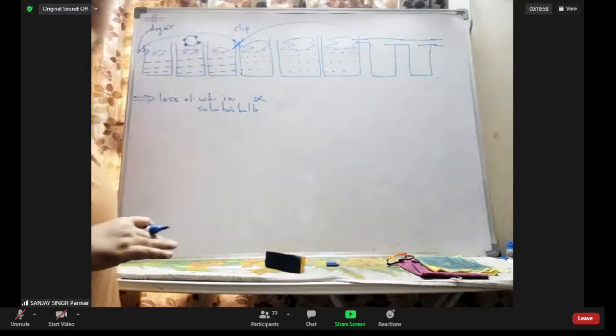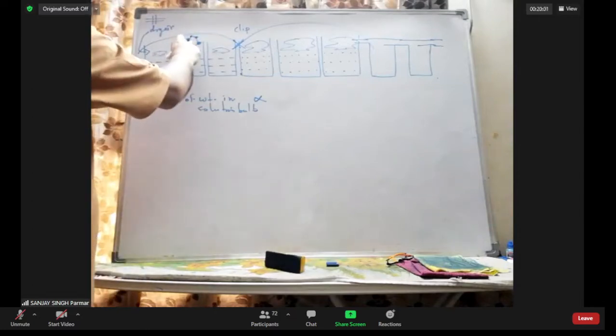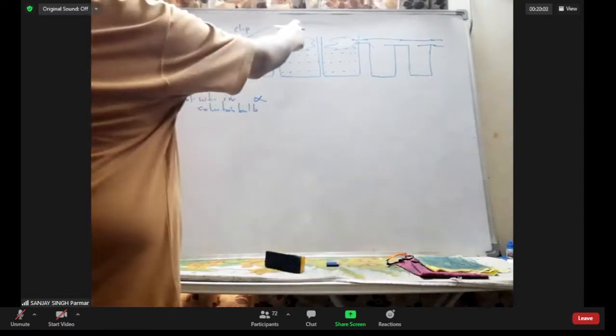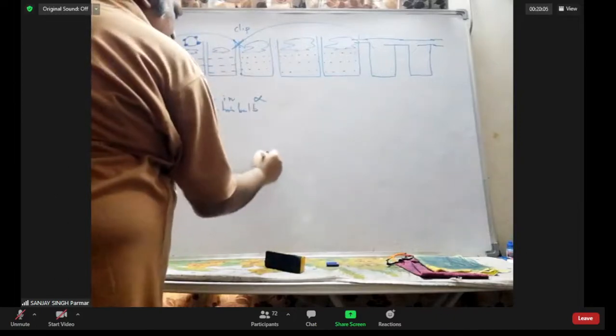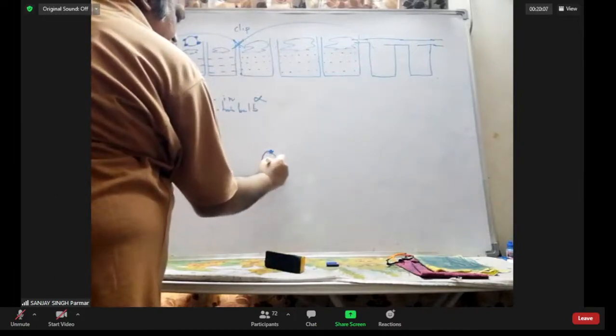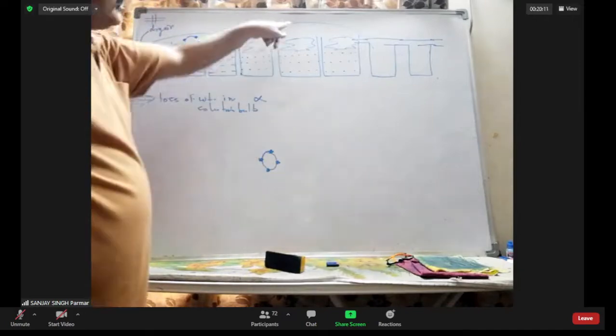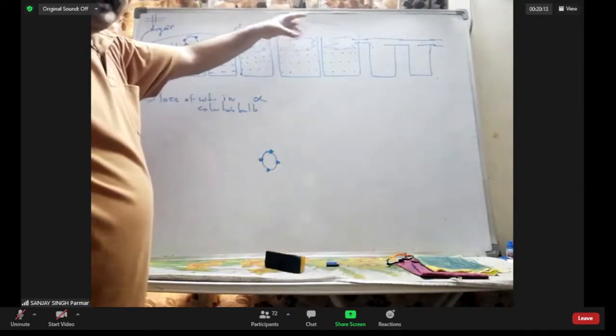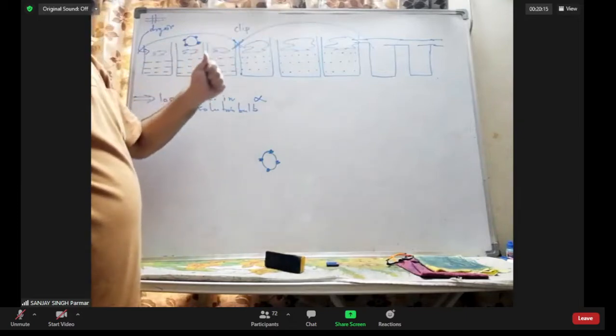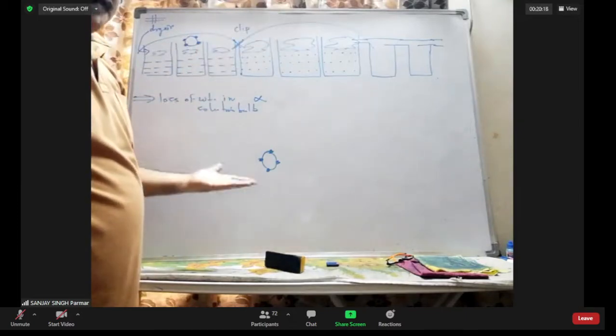When I remove the clip, the air particle goes here. Now this air particle is entering here. Tell me, what happens to this air particle?